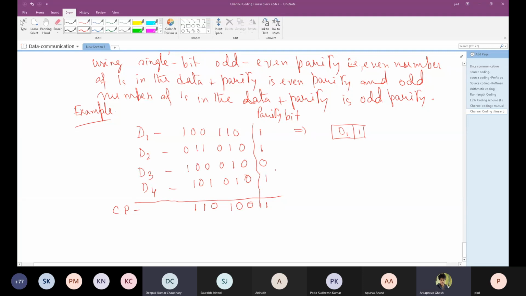So, sir, in case of D3, the row parity, we are calling it odd parity, right? Yes, yes. Odd number of ones, I think I have written it wrongly. 1, 2, 3, 4. So an odd number of ones, data plus parity is odd. So that is not true. I think an even number of ones in the data plus parity is even parity.